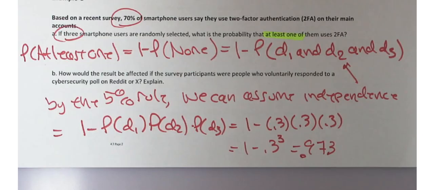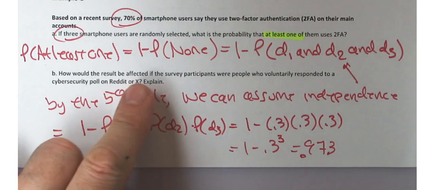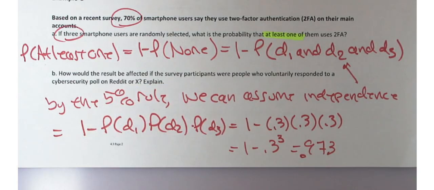One last reminder here of some stuff. It says, how would the results be affected if the participants were people who voluntarily responded to a cybersecurity poll posted on Reddit or X? What would be the problem there?